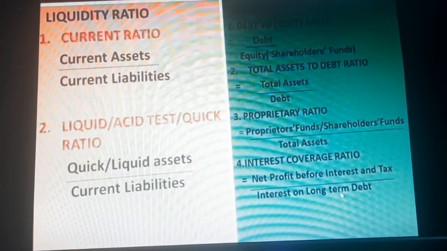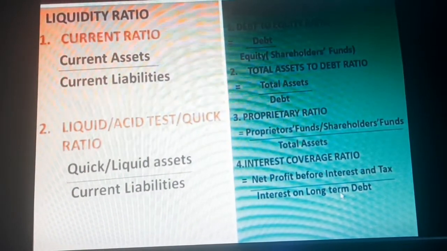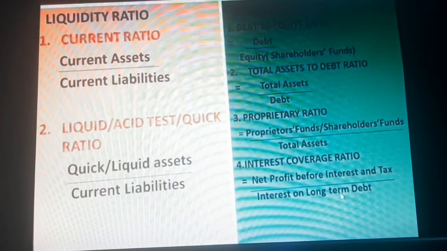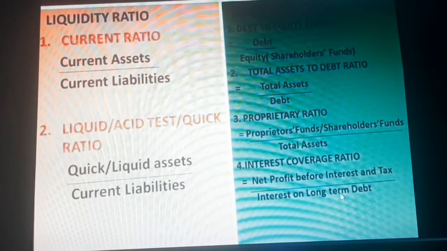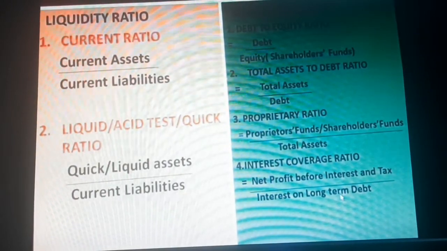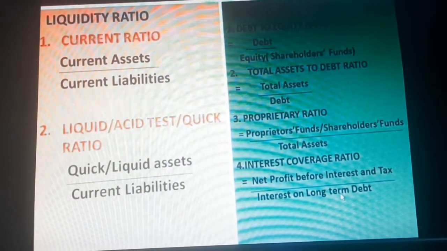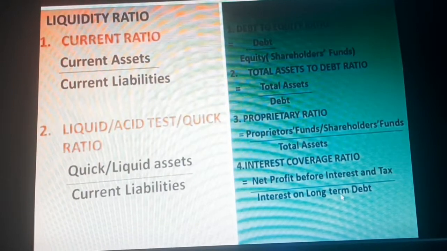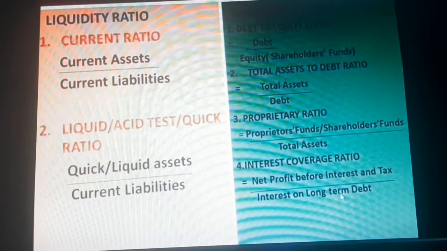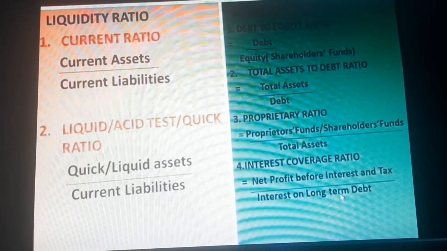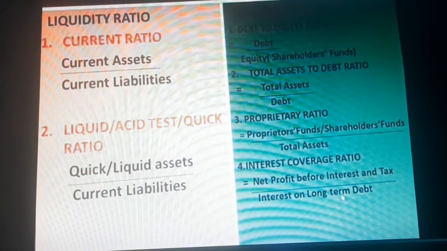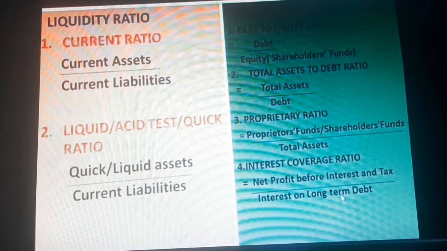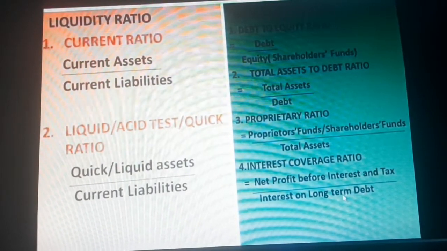Total asset to debt ratio, the formula is total asset by debt. Proprietary ratio, the formula is proprietor's fund, otherwise shareholders fund, divided by total assets. And interest coverage ratio, the formula is net profit before interest and tax divided by interest on long term debts. These formulas you have to learn by heart. You can write and study the formulas.